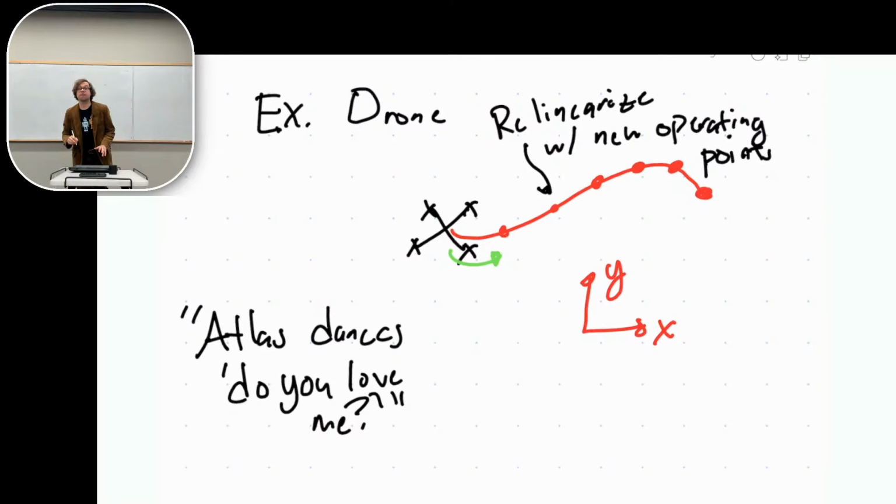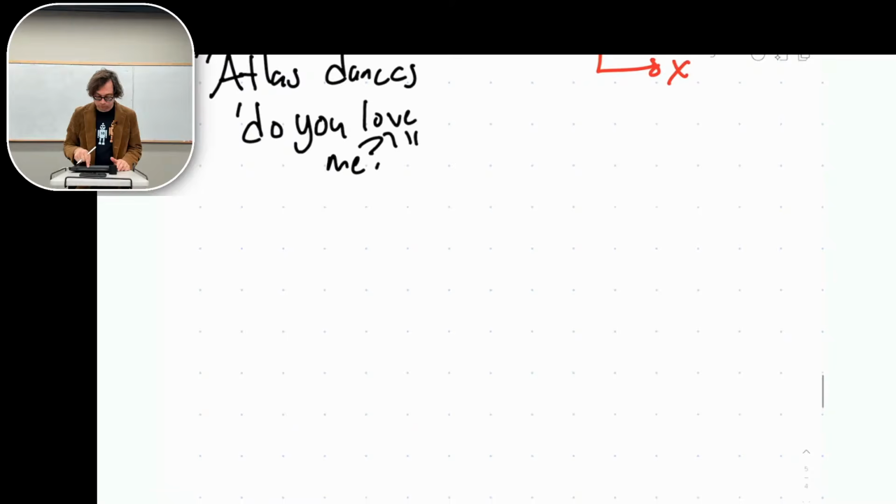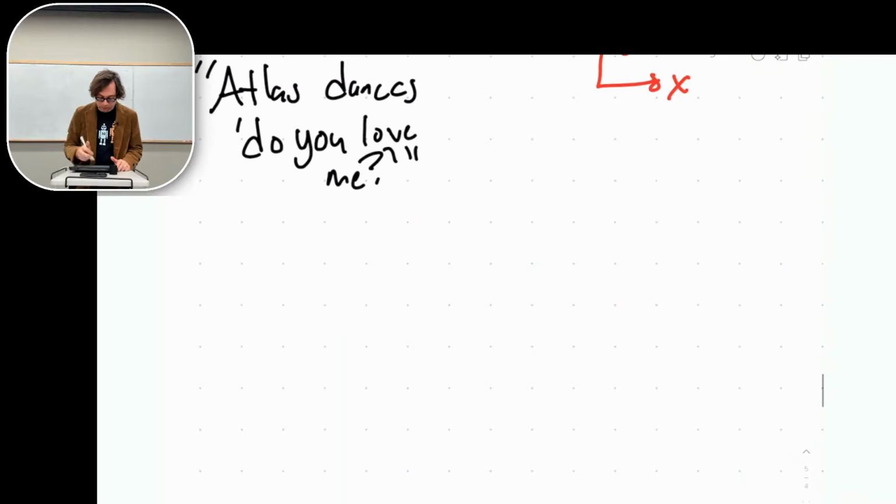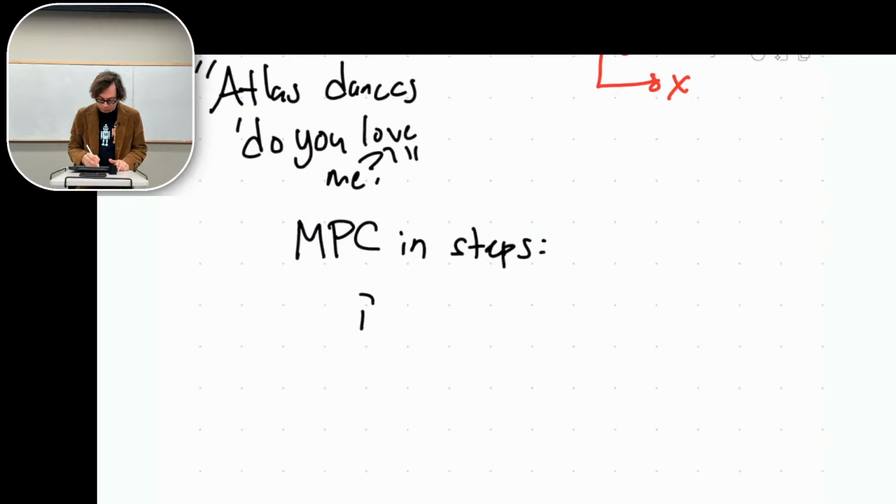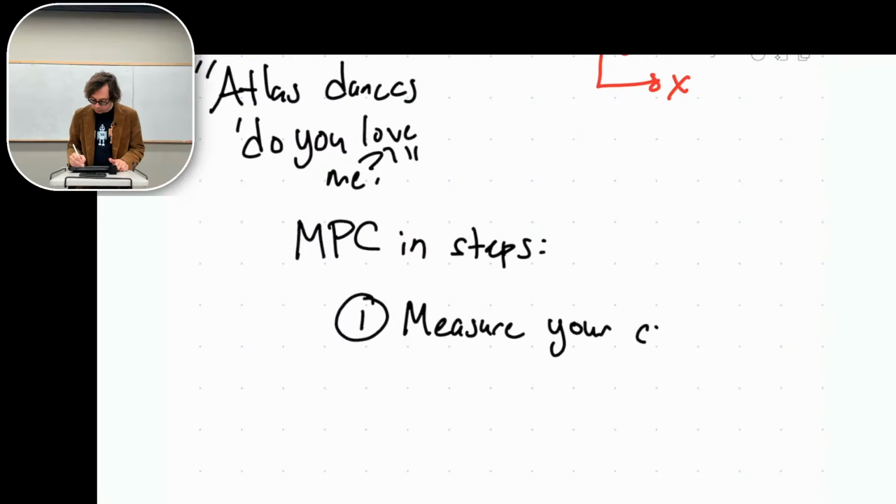So just because it's a nonlinear system, there are still smart ways to use model predictive control. Well, let's break it down into steps. MPC in steps. Step 1: measure your current state.